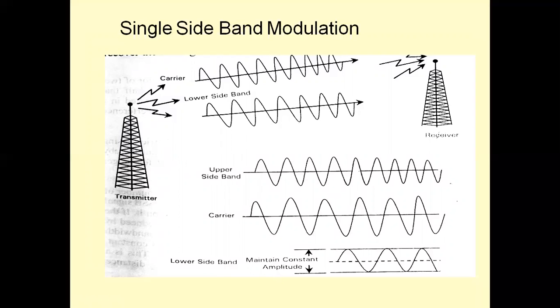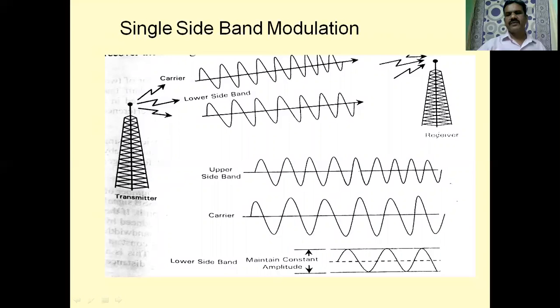If we transmit either the upper sideband or the lower sideband, then it results in single sideband modulation. It is not necessary to transmit the upper sideband; you can also transmit the lower sideband in SSB modulation. If the carrier and one of the sidebands are suppressed, it results in single sideband modulation.